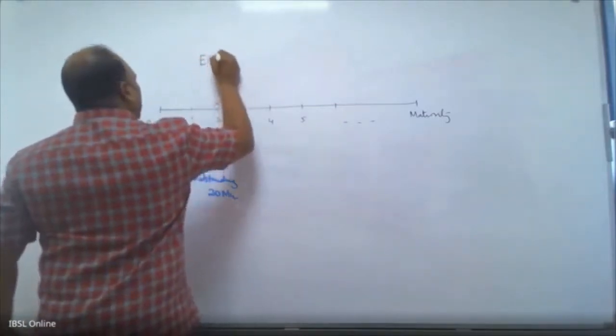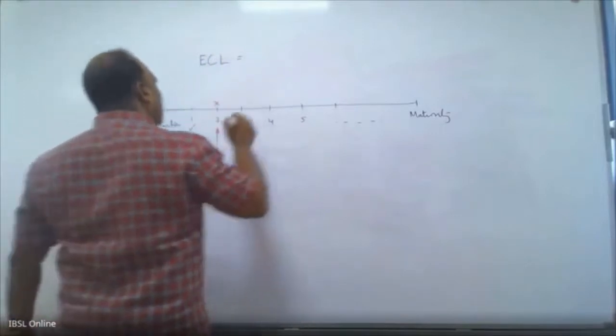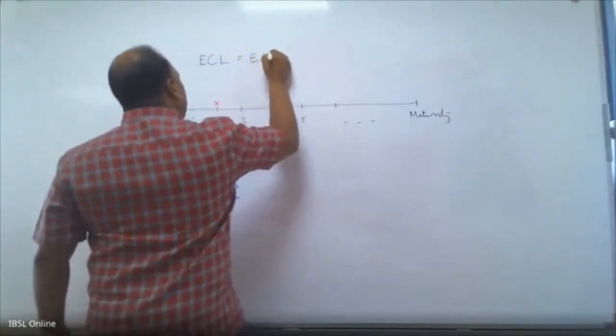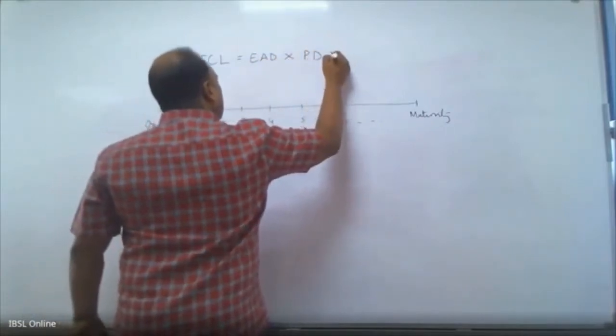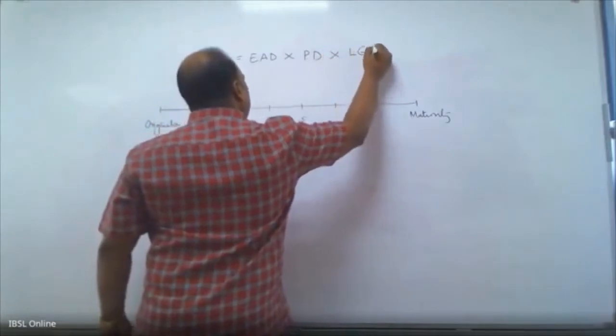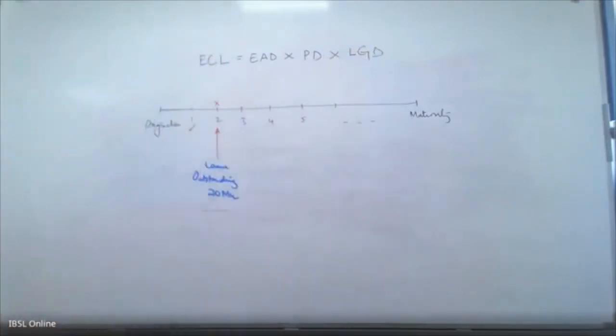Now we say that ECL, or the collective impairment, is equivalent to exposure at default, probability of default, and loss given default. This is the formula. These are three elements of the ECL calculation.